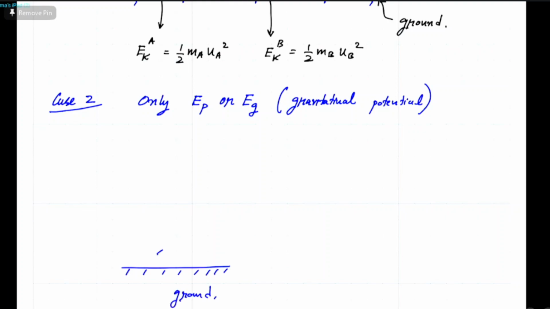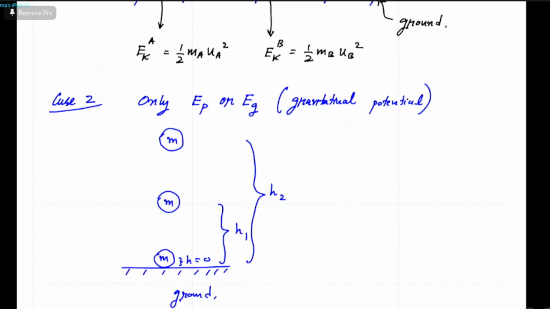Suppose you have a ball here, mass m. This distance is H0, right? Then you are going to lift that ball here. Then that distance is going to be H1. Then there is another one here, that would be H2, right? Now this is A situation, B situation, C situation.